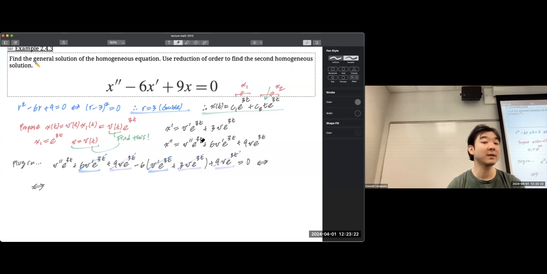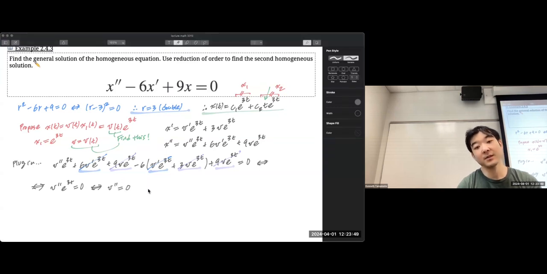But once all these terms are eliminated, all we have is v double prime e to the 3t is equal to 0. You could just divide everything by e to the 3t, because e to the 3t is never 0, and so you'll just get v double prime is equal to 0.